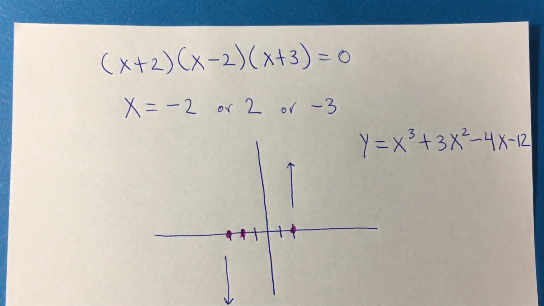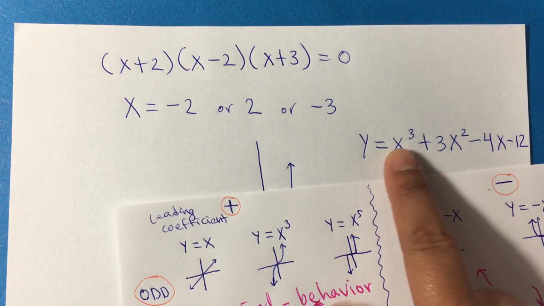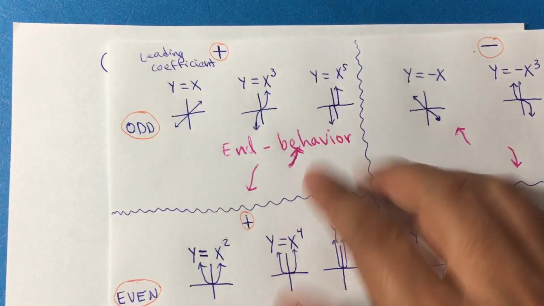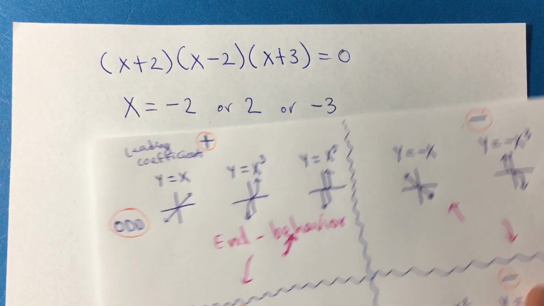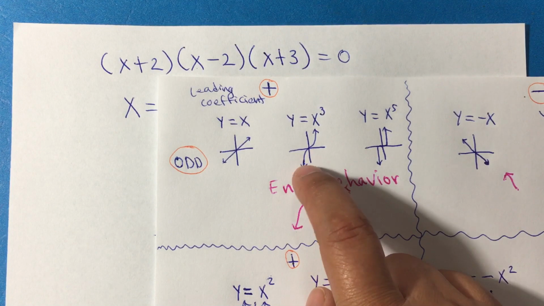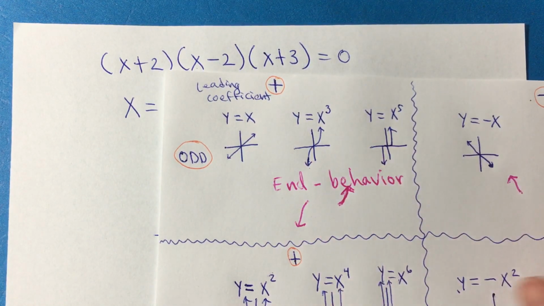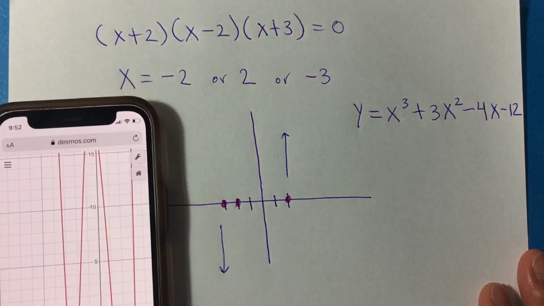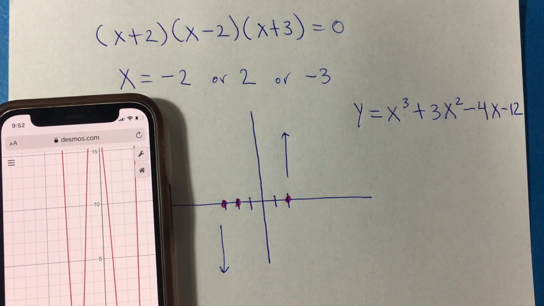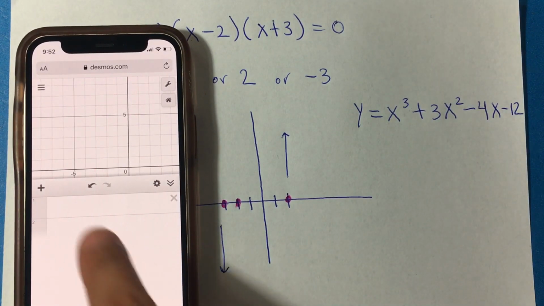Try to remember it, but if not, use your little table. So it's positive, it's one of these two, and odd, so that means that it's going down on the left, up on the right. Okay, but let's see how it will look in here. Again, ask your professor or teacher if that's okay with them.